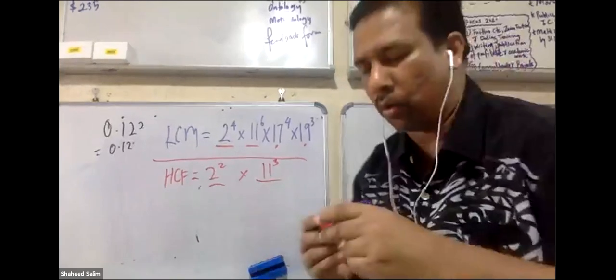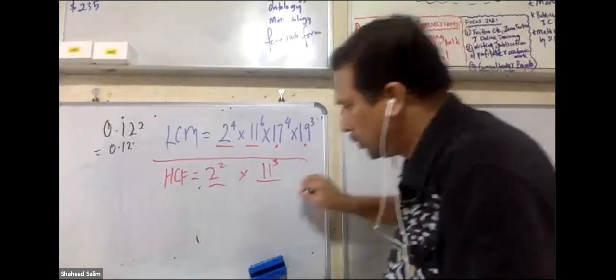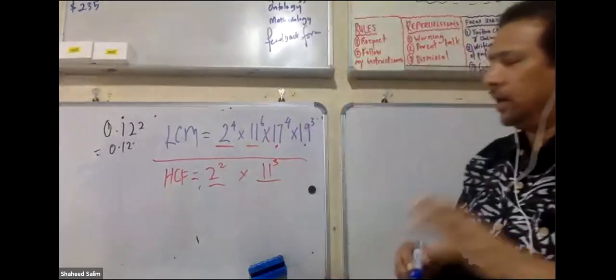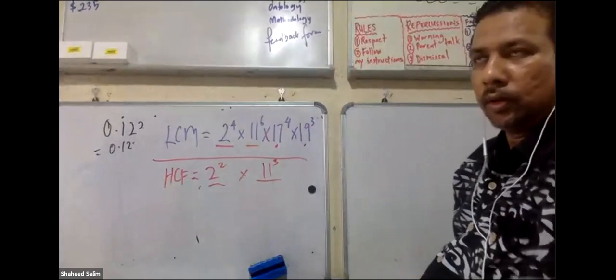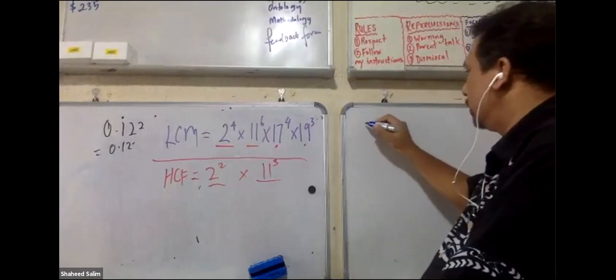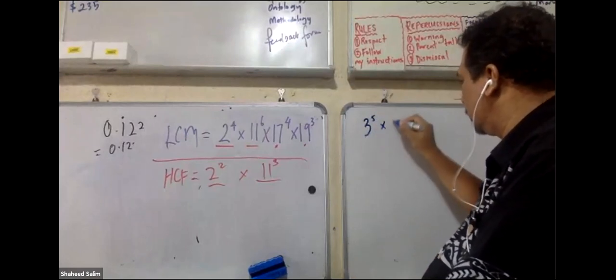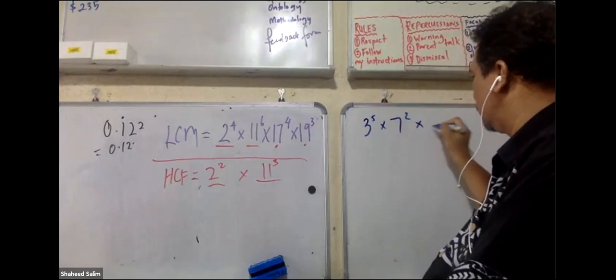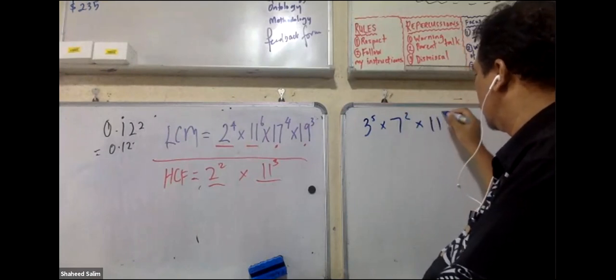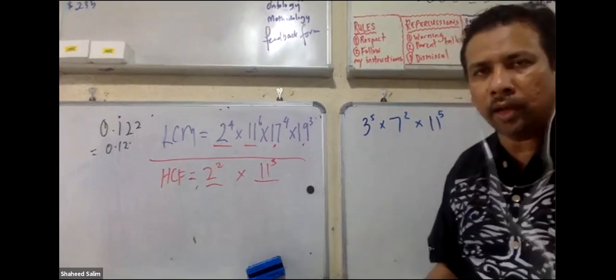I'm going to give you now a question on my own to see whether you understand. Okay, so I repeat the rules. For HCF, take the smaller of the same numbers. Okay, are you okay?